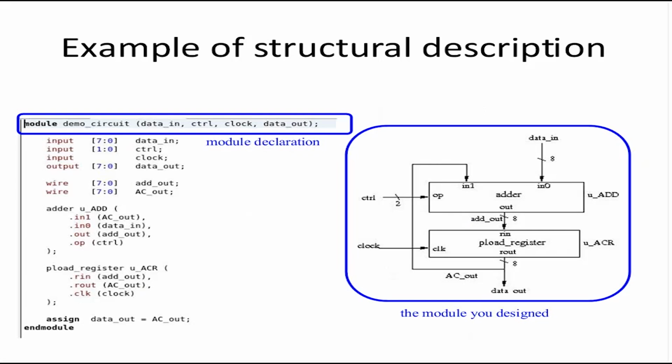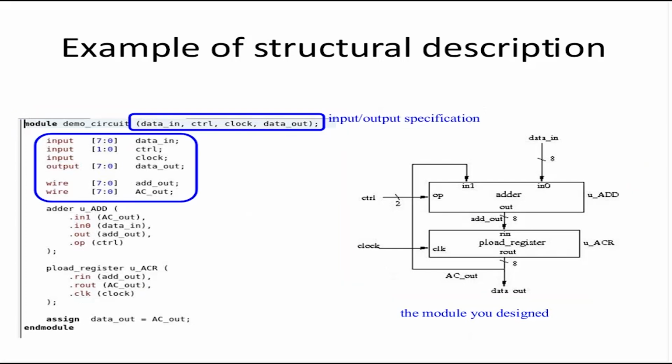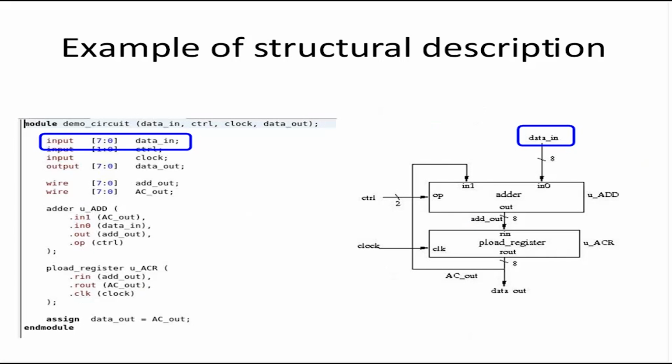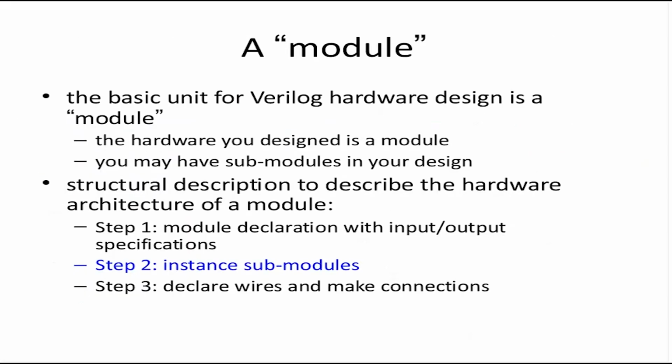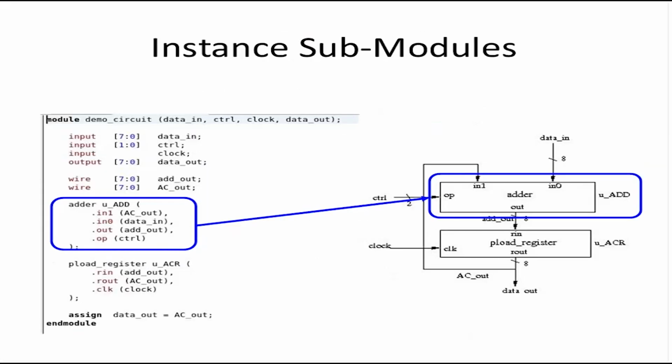The module we design is specified like this. We define the inputs and the outputs. Now we look at what the instances of modules are. So UAdd here is an instance of the module adder.